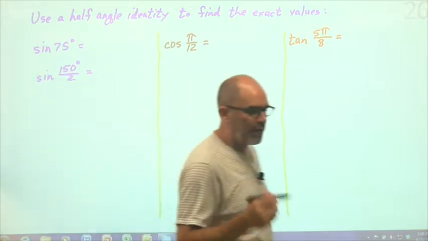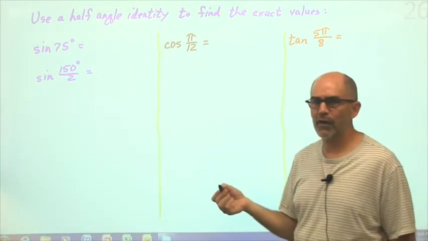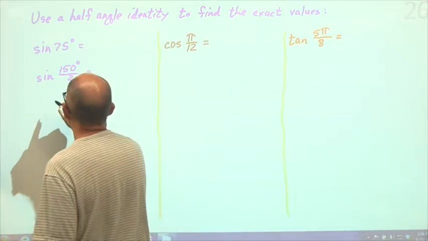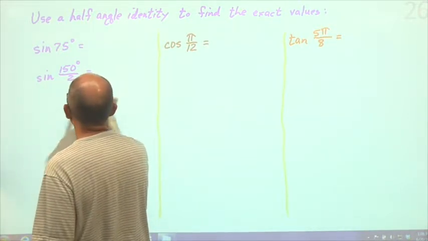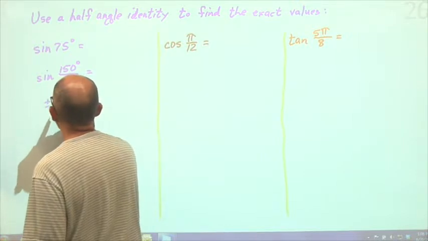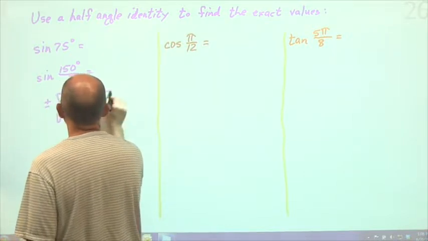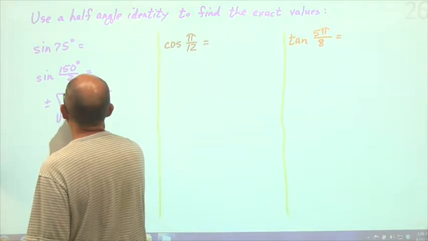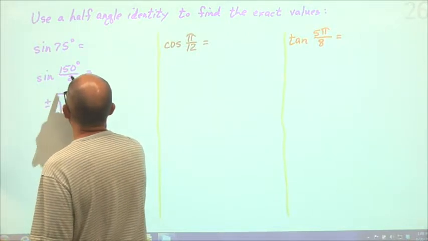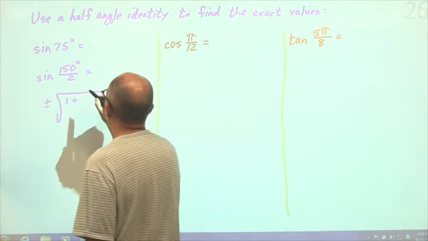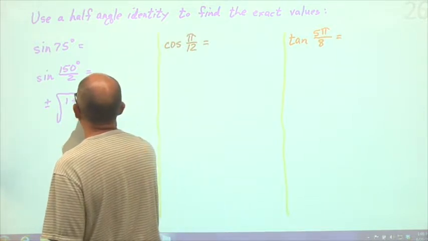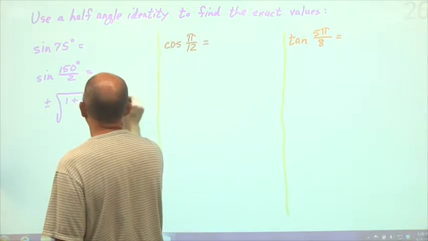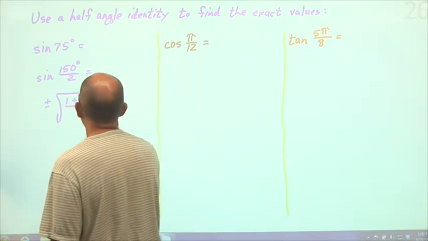Now, 150 becomes our alpha. So sine of alpha over 2 equals plus or minus, we'll just keep the plus or minus for now, plus or minus the square root of 1 plus cosine alpha all over 2.